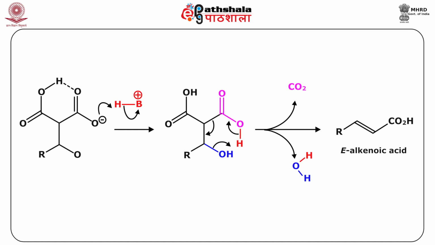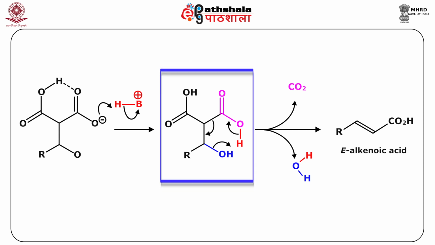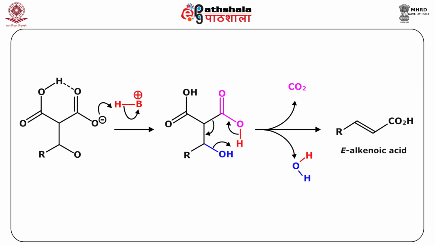From this resulting aldol, the next step to take place is the decarboxylation and dehydration. The decarboxylation and dehydration occur via a cyclic transition state as shown here. Note that ideally CO2 loss from either of the two COOH groups could happen, which could give rise to E or Z double bond in the product.